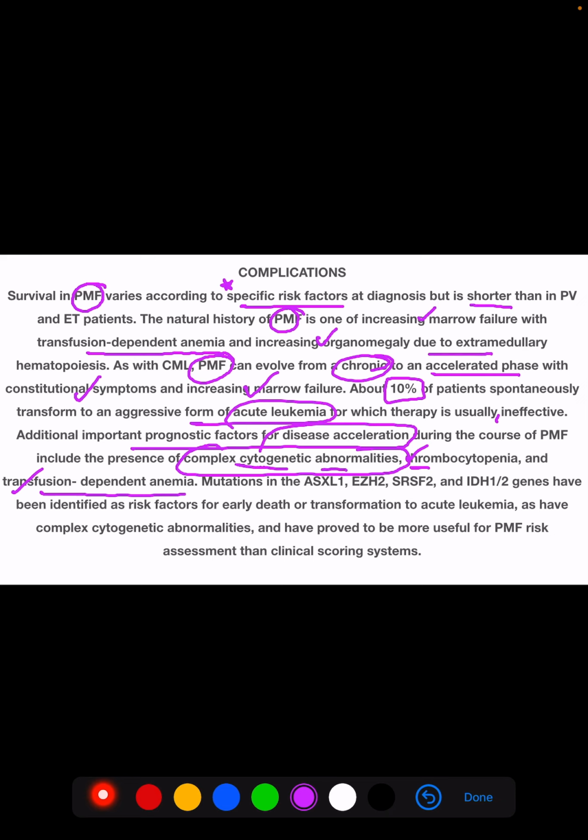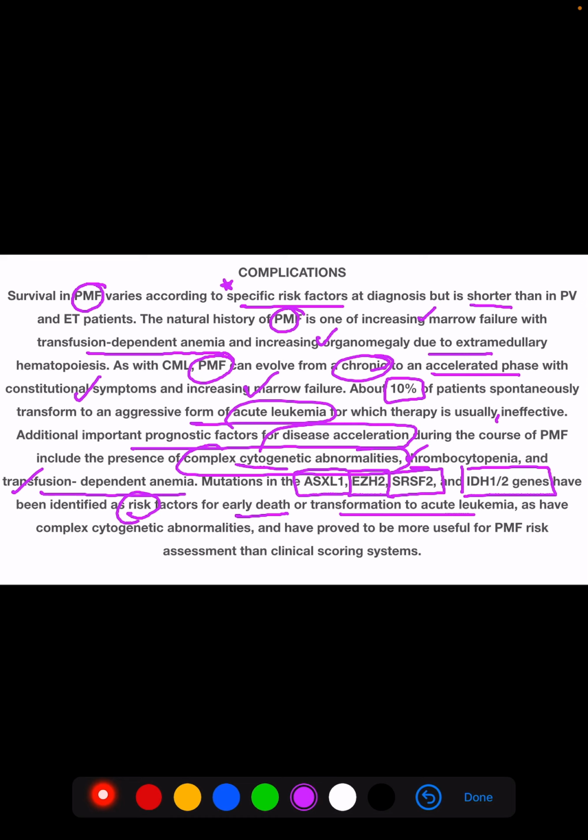Mutations in the ASXL1, EZH2, SRSF2 and IDH1 or 2 genes have been identified as risk factors for early death or transformation to acute leukemia, as have complex cytogenetic abnormalities.